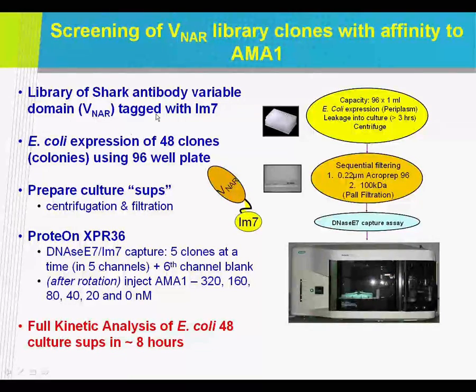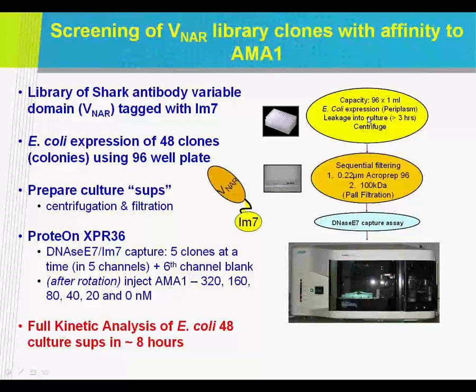So we passed these supernatants sequentially through a 0.22 micron plate and then through the 100 kilodalton plate. By doing that, we were semi-purifying our samples, and theoretically anything that's bigger than 100 kilodalton is removed, just to improve the performance of our instrument and also protect the fluidics of the instrument.